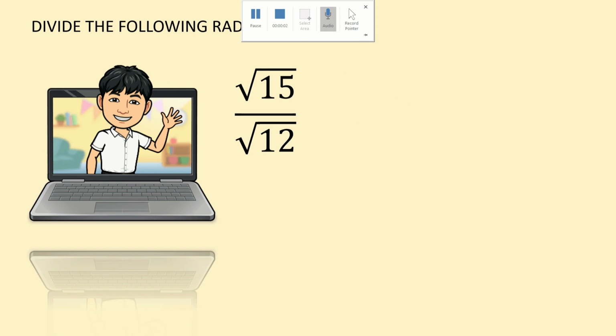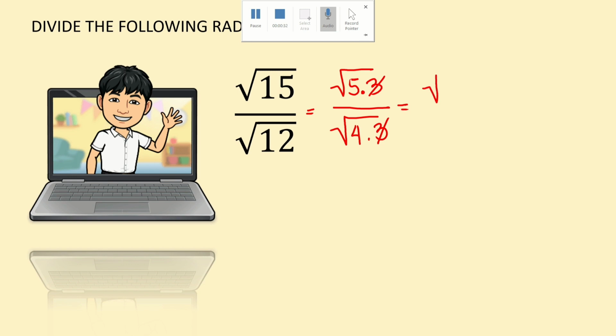Let's have example number 4, square root of 15 all over square root of 12. If we're going to divide square root of 15 all over square root of 12, again, they are not perfect squares, so we're going to factor. That is square root of 5 multiplied to 3. Also, we have square root of 4 multiplied to 3. So this is cancelled out.